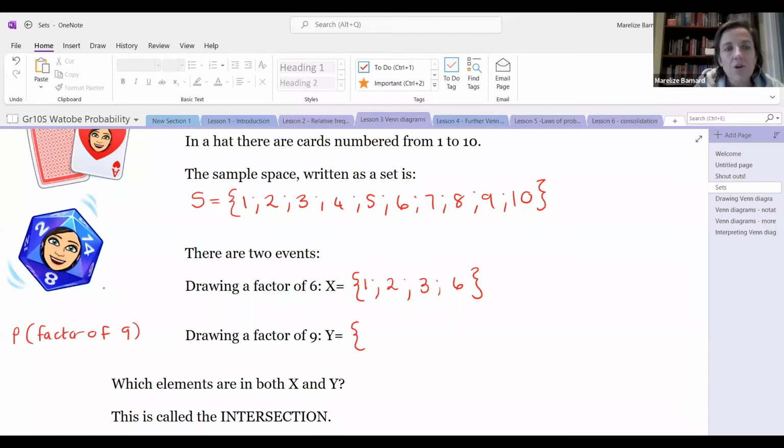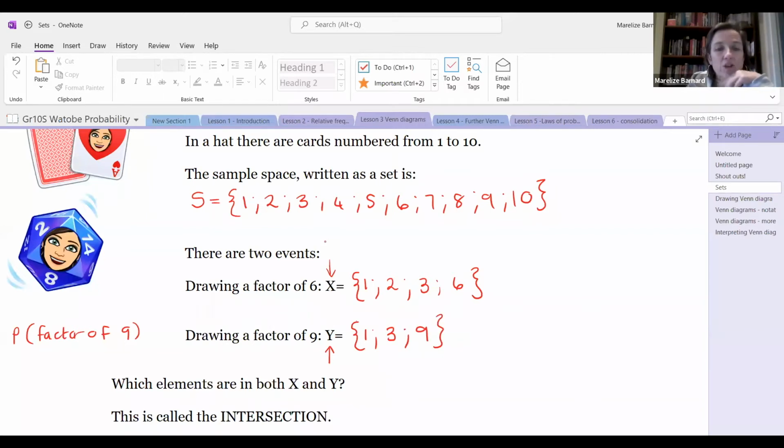Okay, so we're not calculating probabilities yet. We are just listing the things that are going to go into this set, and we've called it Y. Okay, and the first one we called X. So drawing a factor of 9, that could be 1, 3, and 9.